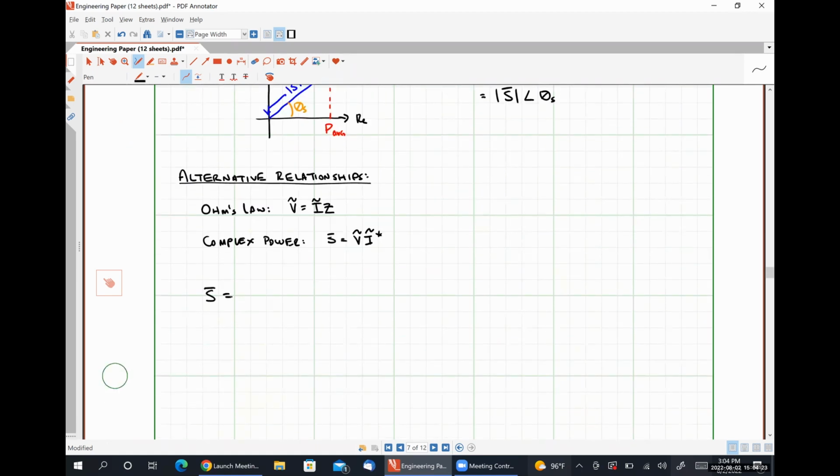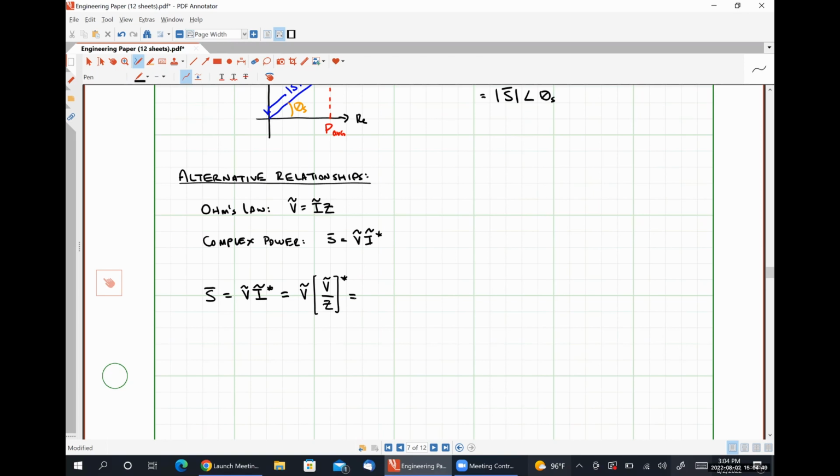Okay, so S is equal to V times I conjugate could be rewritten as V multiplied by V over Z, conjugate.